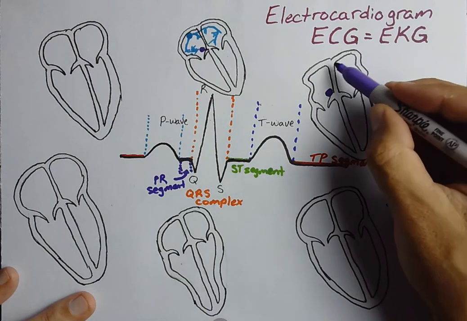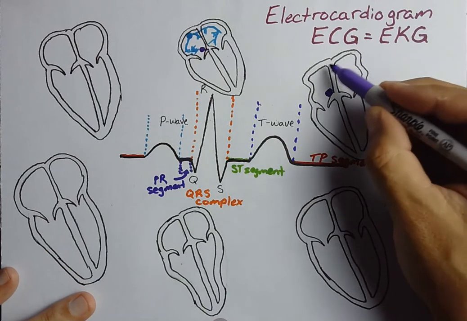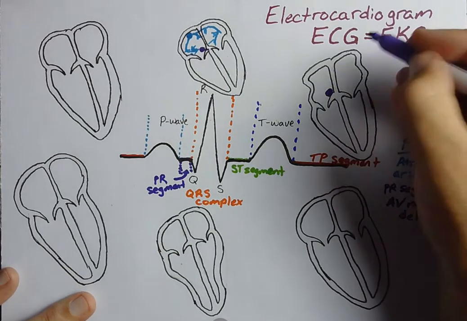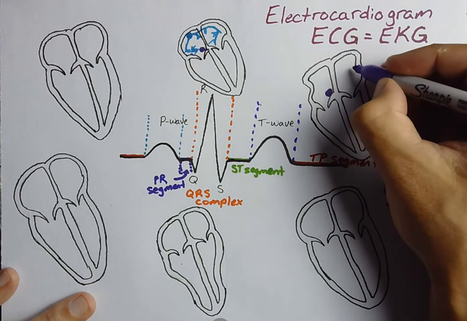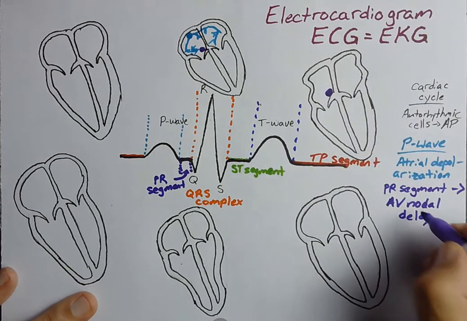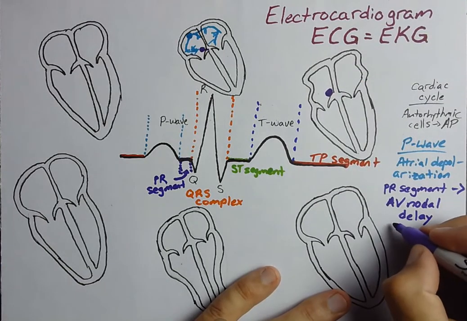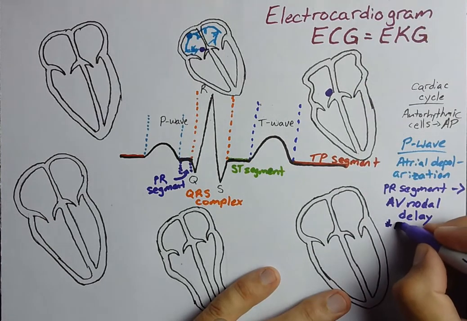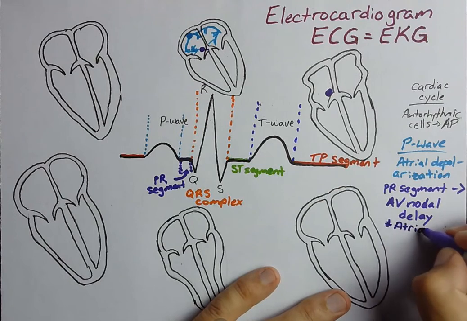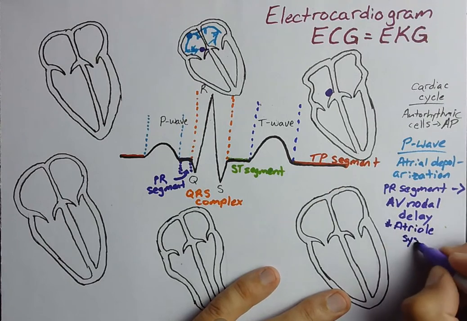What does that tell you? Those myocardial cells will be contracting. And that's what I tried to show here in this image, right? Is that at this point, not only is there an AV nodal delay, but the PR segment is also a time when the atria contracts. Atrial systole.